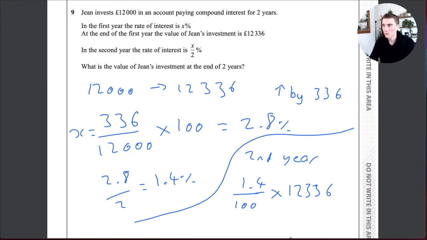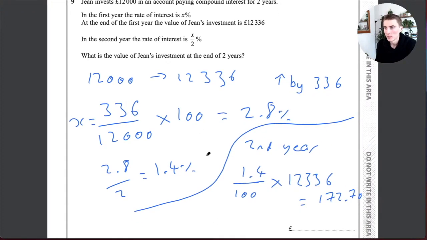So if we do that, 1.4 divided by 100 times 12,336, the interest is £172.70. So that's the interest, and this is how much you started with. To find the total, we just add those together.